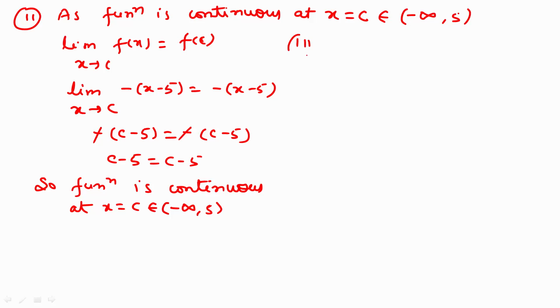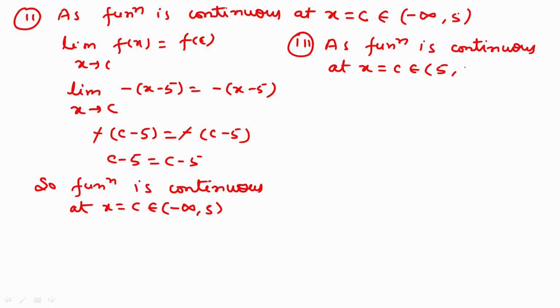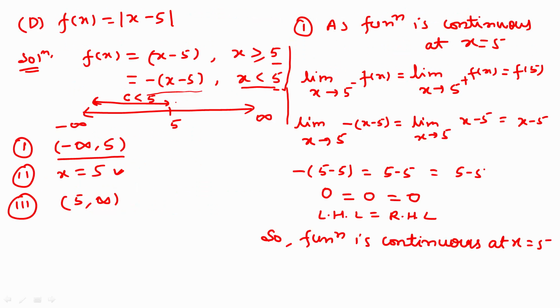In the third case, we have to check for the open interval 5 to infinity. As the function is continuous at x is equal to c belongs to the open interval 5 to infinity. So here this is your interval 5 to infinity, and here the value of c is always greater than 5. When the value is greater than 5, we will take the function x minus 5.